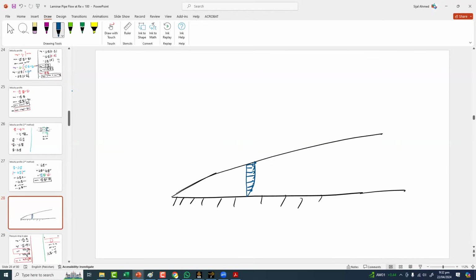And this point is where the velocity u is equal to 0.99 times the free stream velocity. The free stream velocity is coming from the left side. And the second profile is over here.